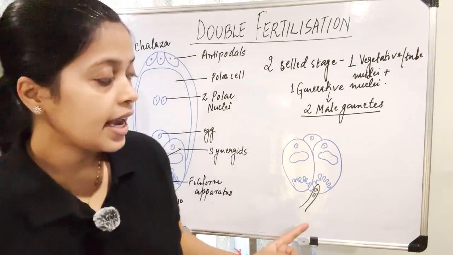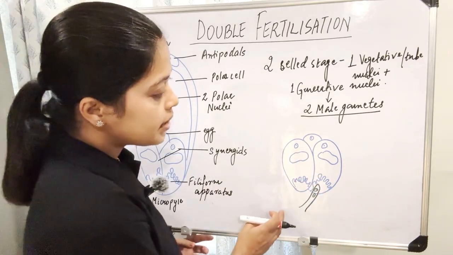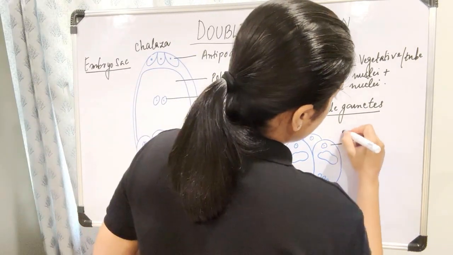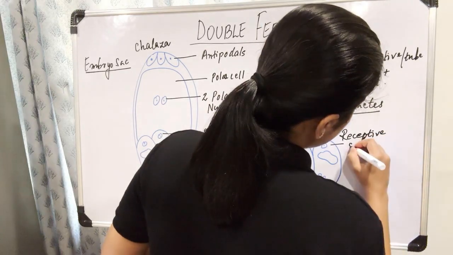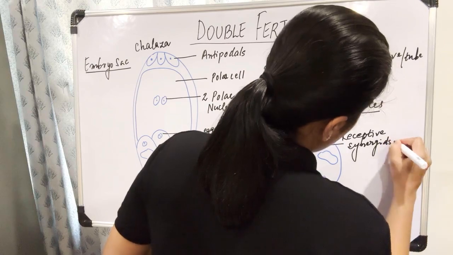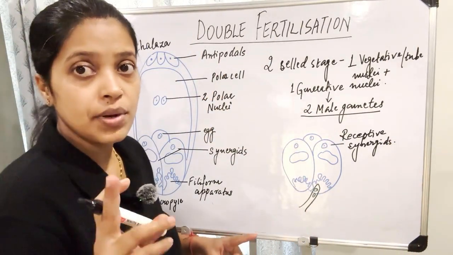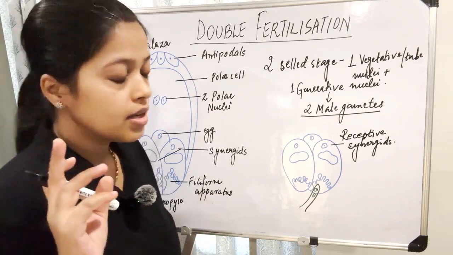The entry is through one of the synergids. The pollen tube starts entering from one of the synergids, and that synergid we call the receptive synergid. This path is guided by the filiform apparatus, because it provides a chemical signal.